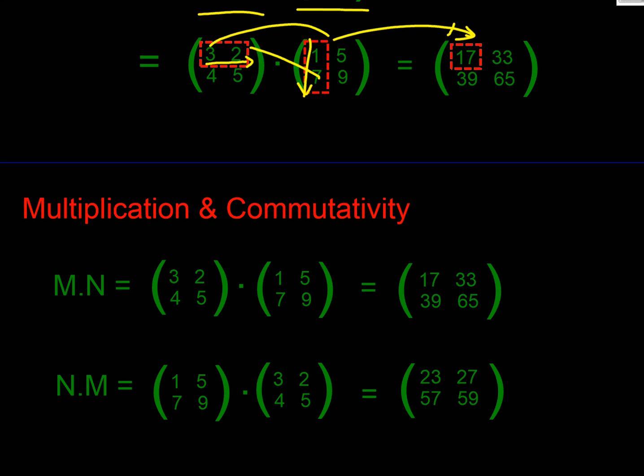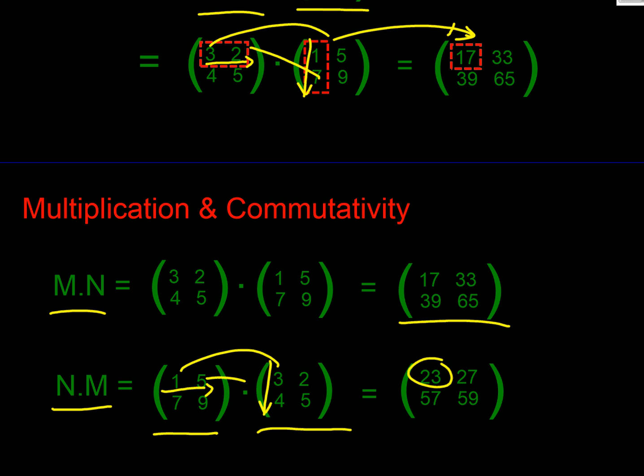But let's have a look at commutativity then. So here's mn, which would give us this matrix here. If I multiply n by m, so I've changed the order, I get a different value here, because if I take this first row and multiply it by the first column, I've got 1 times 3 and 5 times 4. That gives me 23, not 17.